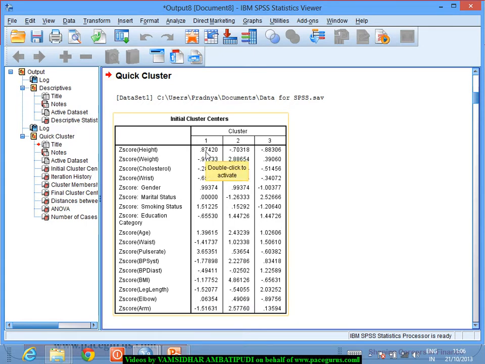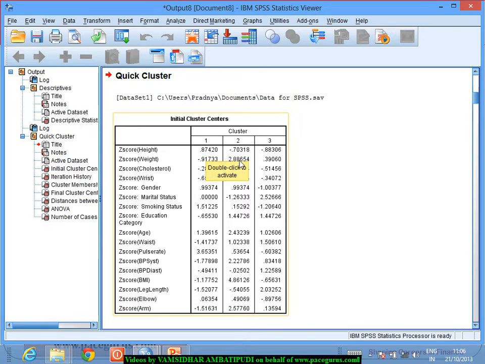So 0.87 is the Z score of the height, whereas minus 0.7. So these could be the people with lesser heights. This could be the people with a better height, more heights, and probably these could be even more shorter people. Similarly, if you look at it with respect to weights, this is a group of very heavy weight people, right?